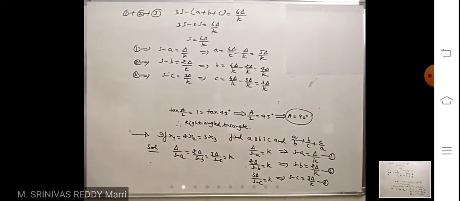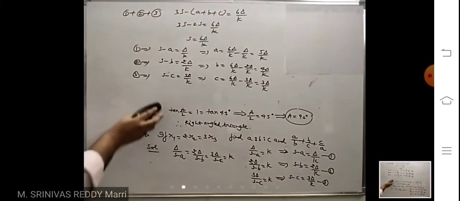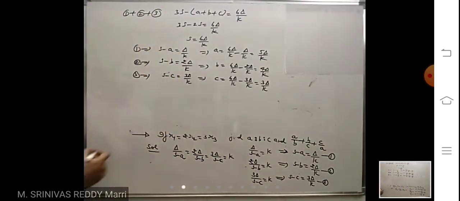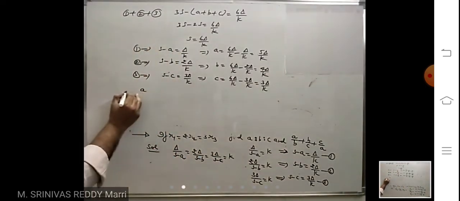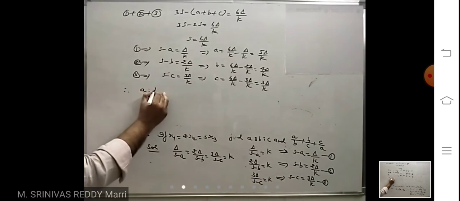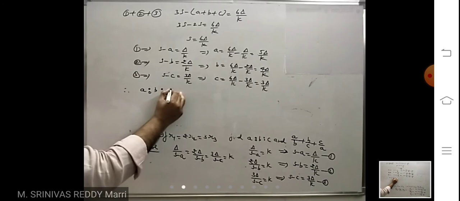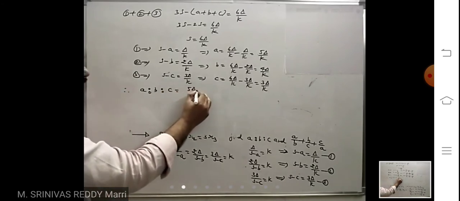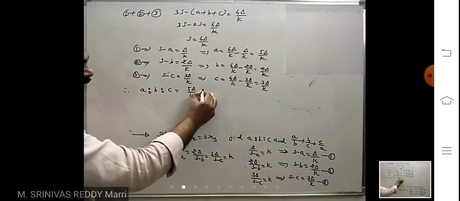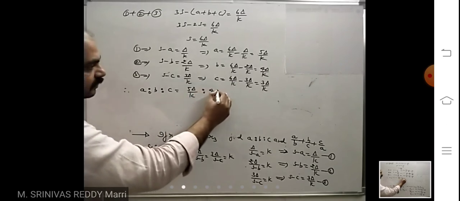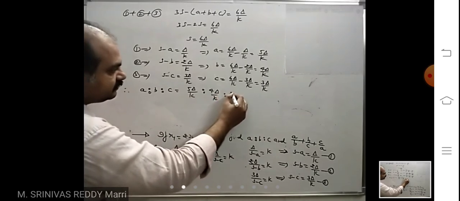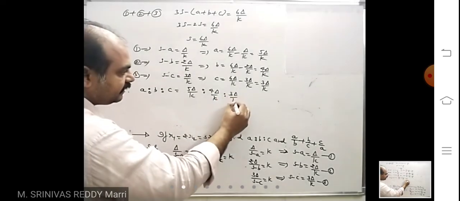Now look at here. A you know, B you know, C you know. So you can calculate what is A is to B is to C. A is to B is to C is nothing but 5 delta by k is to 4 delta by k is to 3 delta by k.